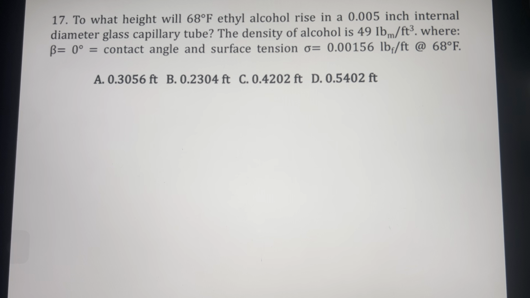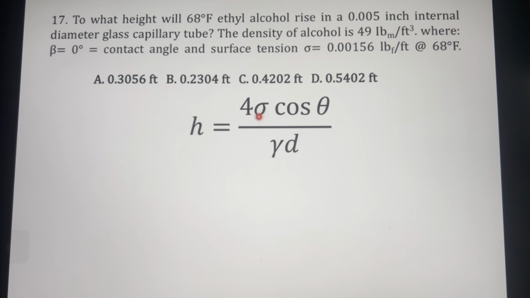Number 17. So we are asked here for the capillary rise in our capillary tube. So for our height in the capillary tube, that's equivalent to 4 times our surface tension times the cosine of the contact angle, divided by the specific weight times the diameter of our small capillary tube. So let's substitute our given.